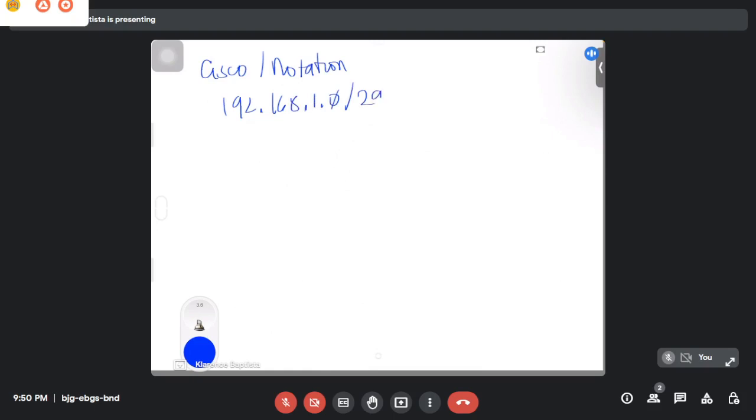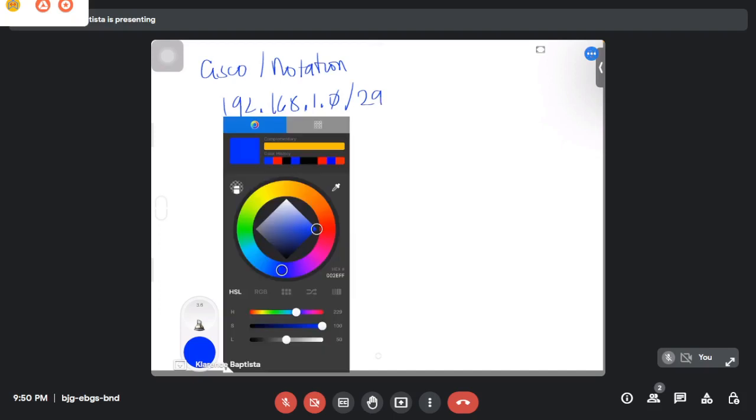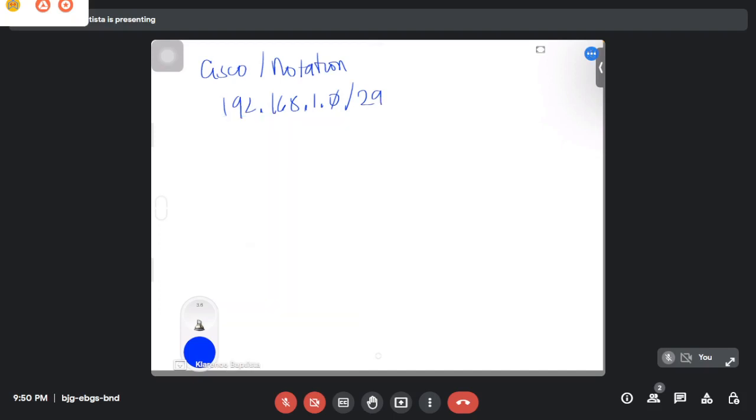So, sir, ano po yung slash 29? So, this is the network bits, no? By default, again, di ba, meron po tayong first octet ng IP address, no? Etong first octet is 8 bits, di ba? Second octet is 8 bits. Tama, di ba? The third octet is 8 bits. Okay?